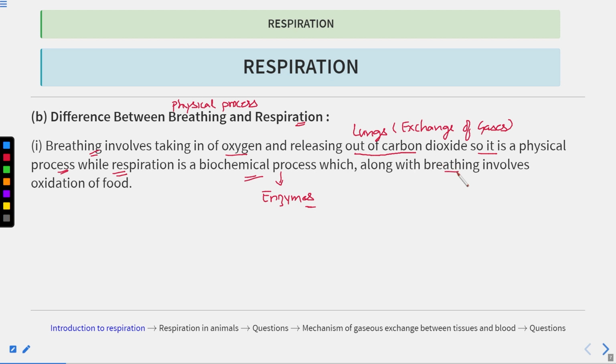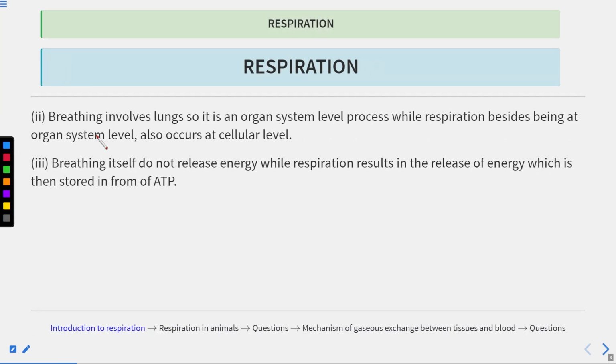Respiration is a biochemical process, and breathing is a part of respiration. All right, in respiration there is oxidation of the food, while in breathing there is no oxidation of the food. Breathing involves the lungs, so it is an organ system level process.